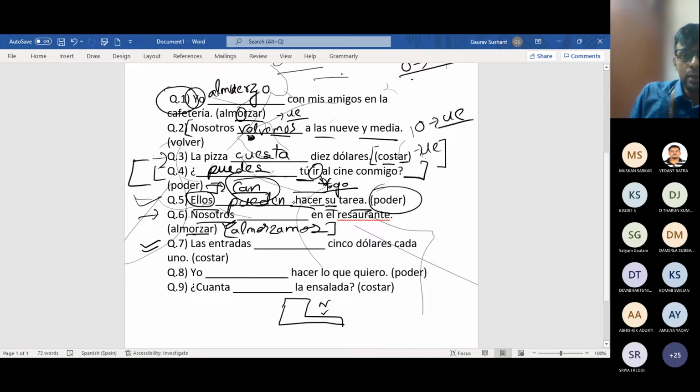Number 7, las entradas $5 cada uno. The verb is costar. So if you see the verb form, it should be, let me ask somebody again. Mihir, can you try? Mihir, can you hear me? Vibhuti, can you try? Vibhuti Agarwal.